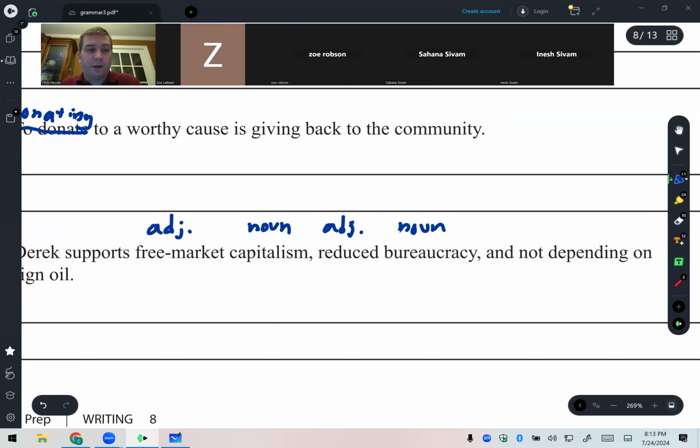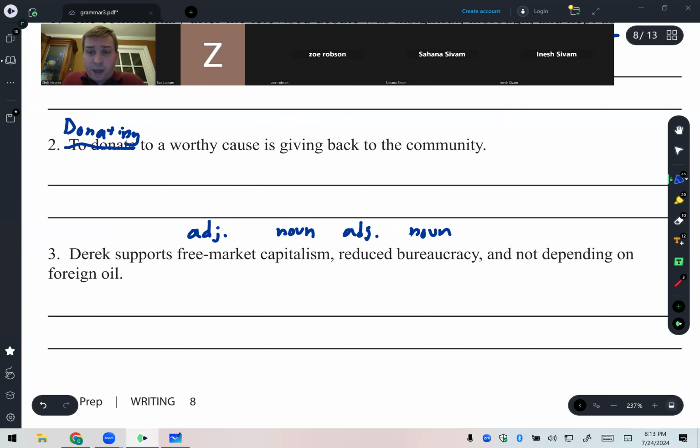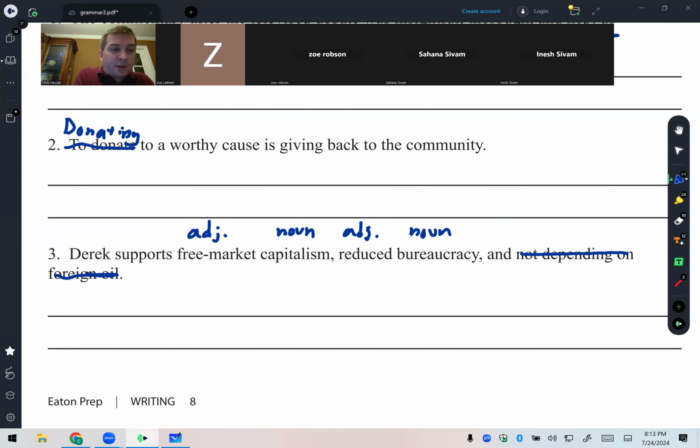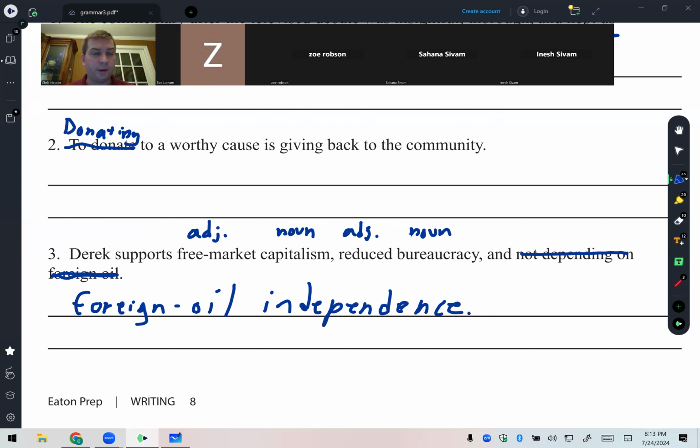We lost the parallelism. Let's see if we can get it back. And I'm going to cheat a little. I'm going to hyphenate something. All right, here's the sentence. This is parallel. Derek supports free market capitalism, reduced bureaucracy, and foreign oil independence.